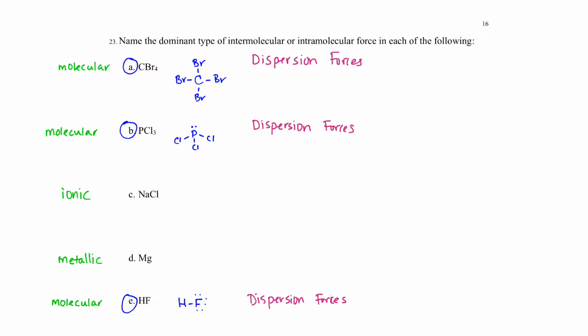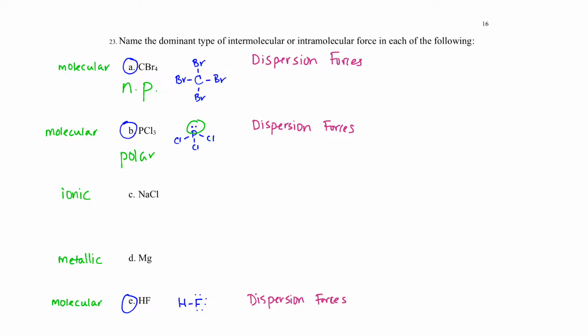The next type were the dipole-dipole forces. Dipole-dipole forces only show up in things that are polar. So again, if you're having trouble with polarity, check out the Unit 11 video I made. If we look at our polarity, because all the bromines attached to this carbon are the same, this molecule would be nonpolar. B, because of this lone pair of electrons right there, will be polar.